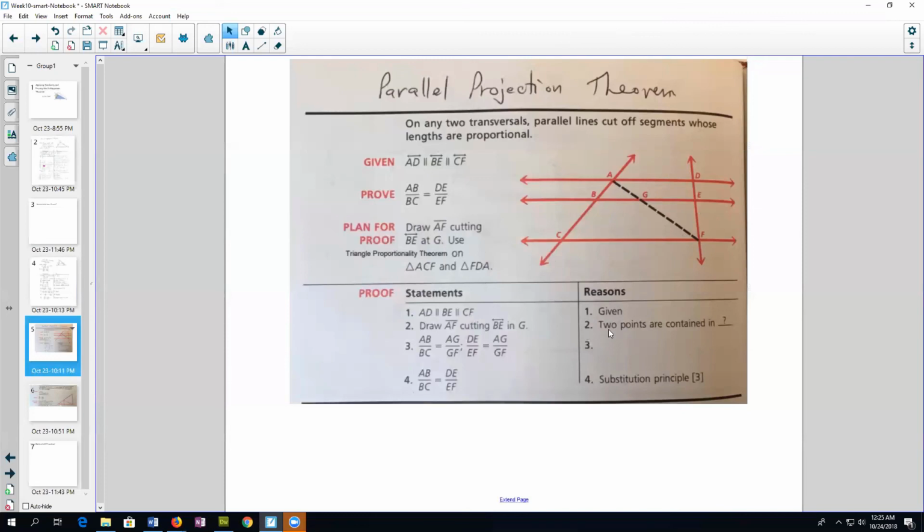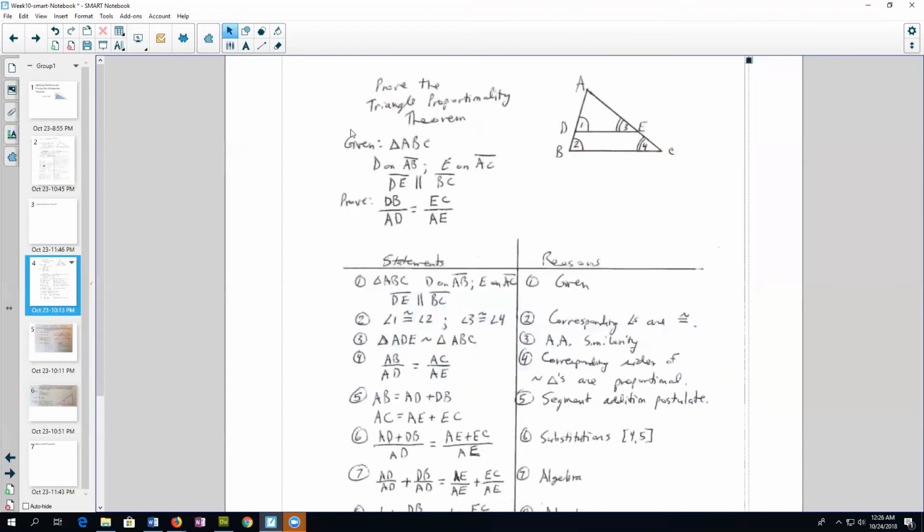So the reason number 2 is 2 points are contained in one line. Now let's take a look at line 3. AB over BC equals AG over GF. What's the reason for line 3? The reason for line 3 is the Triangle Proportionality Theorem.